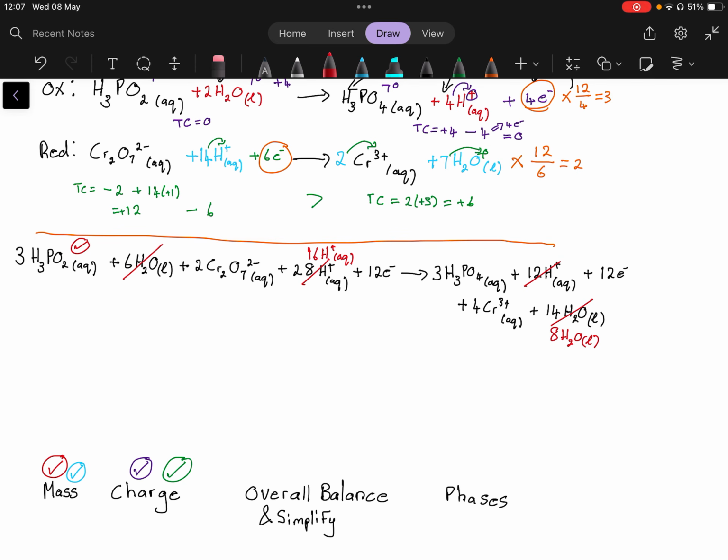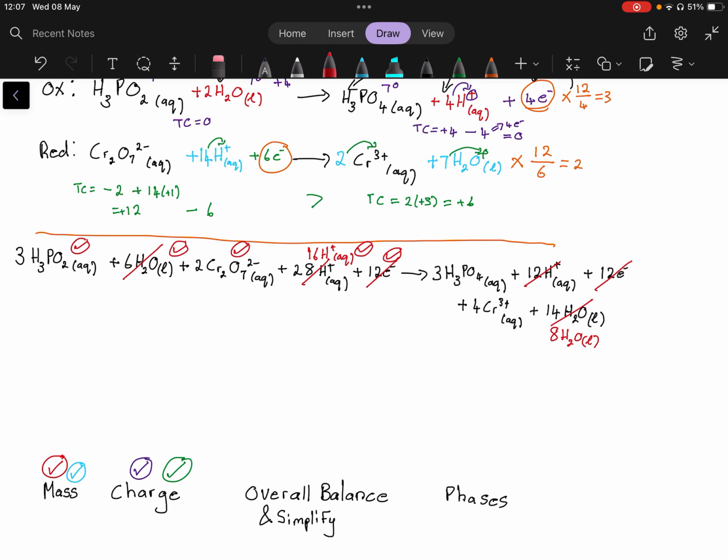We have 12 electrons on the left-hand side, and we have 12 electrons on the right-hand side. So they cancel. And that is what you should get. If you don't get that the electrons cancel, you did something wrong. All right. And then the other species also don't appear. So we've checked all of them.